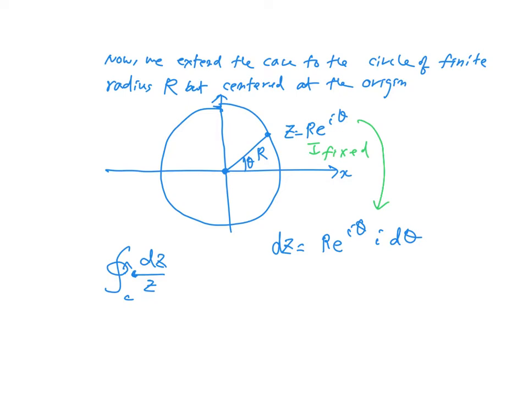So this integral becomes the integral from 0 to 2 pi of r exponential I theta over r exponential I theta, I d theta. And this again cancels each other, and becomes 2 pi I.